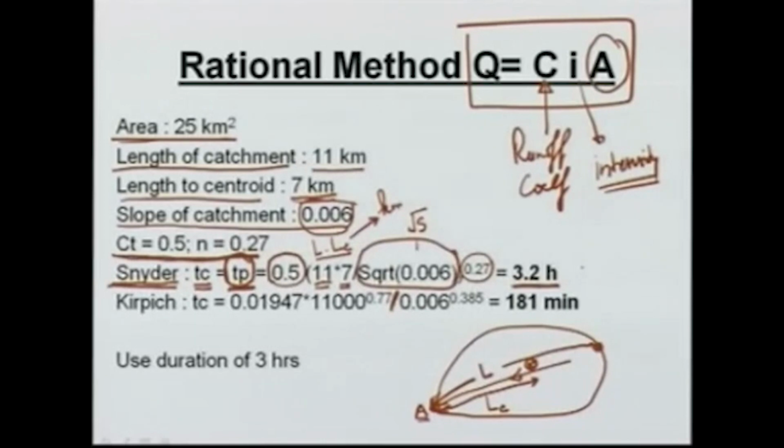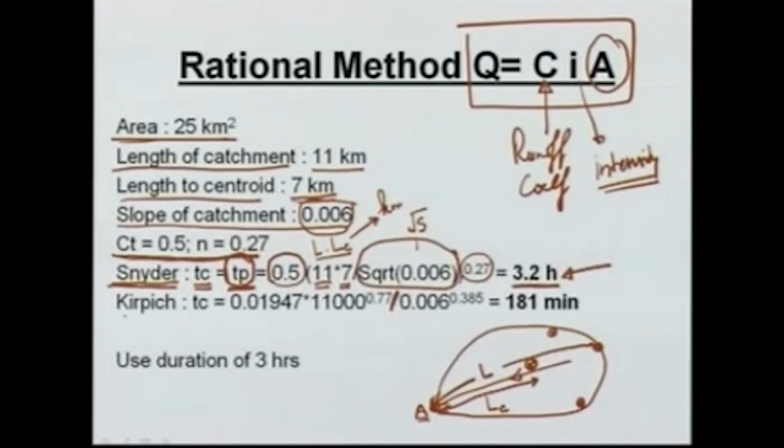So, we get a time of concentration of 3.2 hours, which means that a raindrop falling here or here, which is the farthest really from a travel point of view, will take about 3 hours to reach the outlet A. Now, this is one equation which we can use to find out the time of concentration.